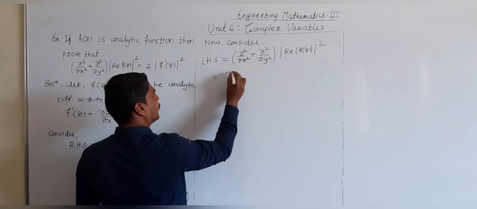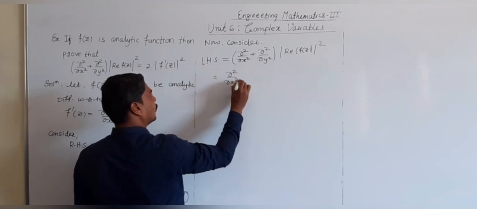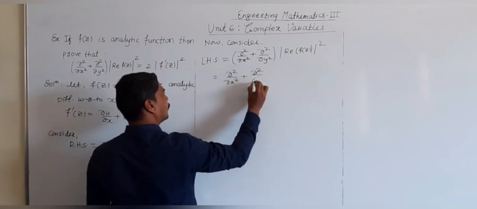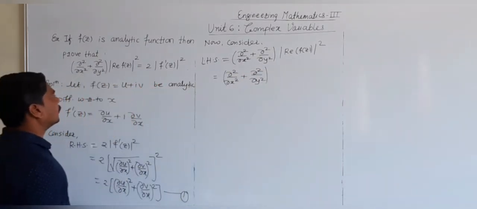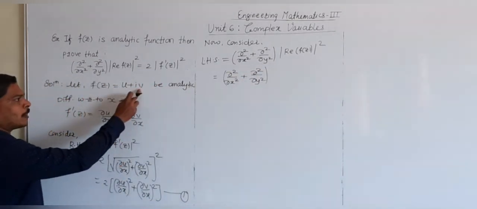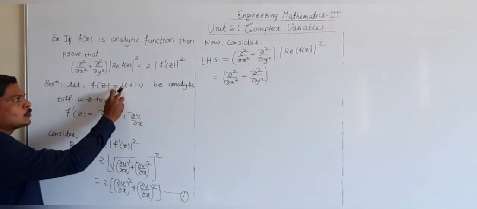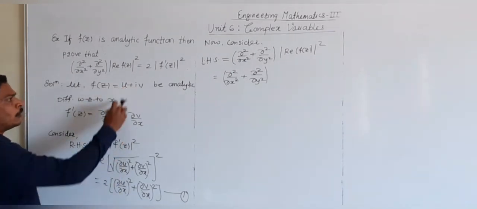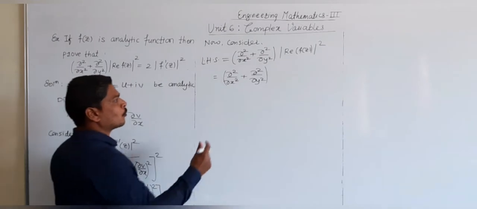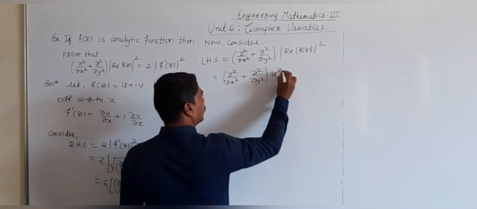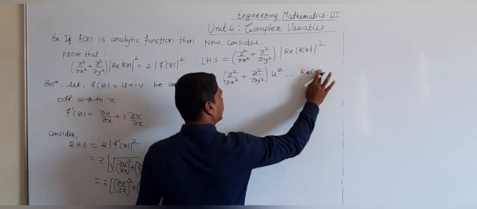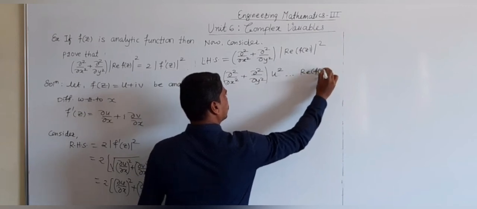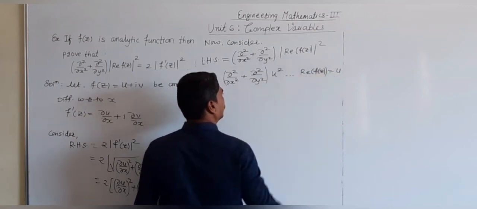So this becomes the second partial derivative with respect to x plus the second partial derivative with respect to y of the real part of f(z) squared. So our f(z) is u + iv and the real part is u. So the modulus of u is u and its square becomes u², since the real part of f(z) is u.